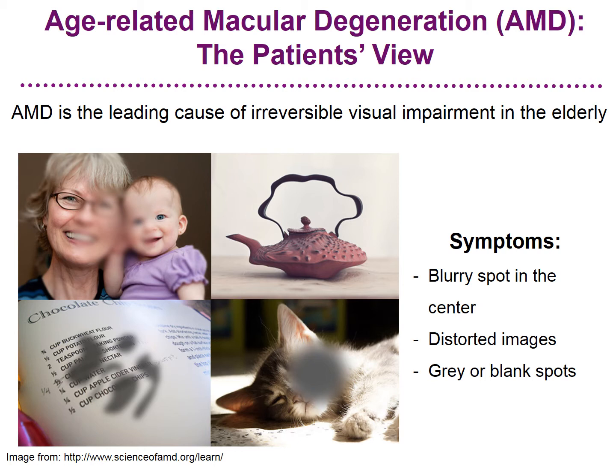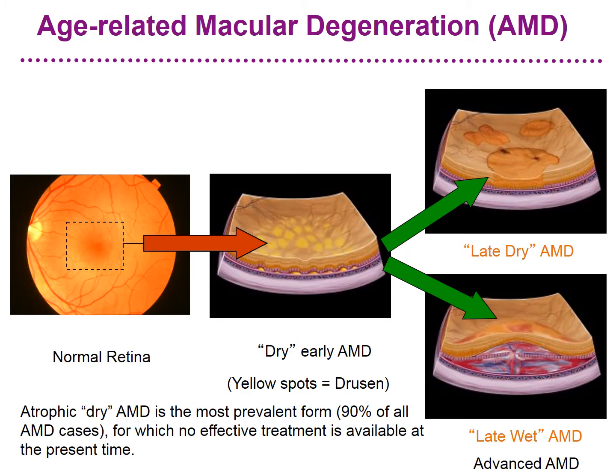So in slide 1, we're showing the patient's view of AMD. AMD, as you all know, is the leading cause of irreversible visual impairment in the elderly. The symptoms vary, but mostly it's a blurry spot in the center, distorted images, gray or blank spots.